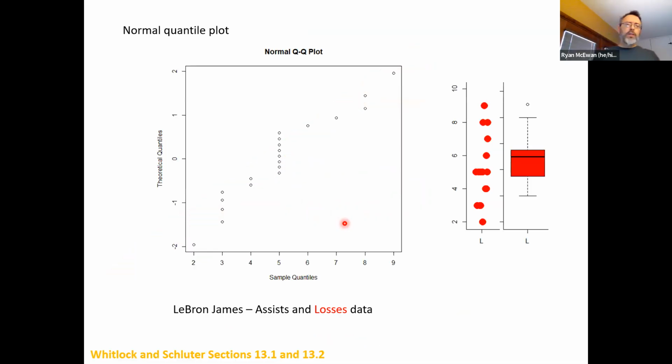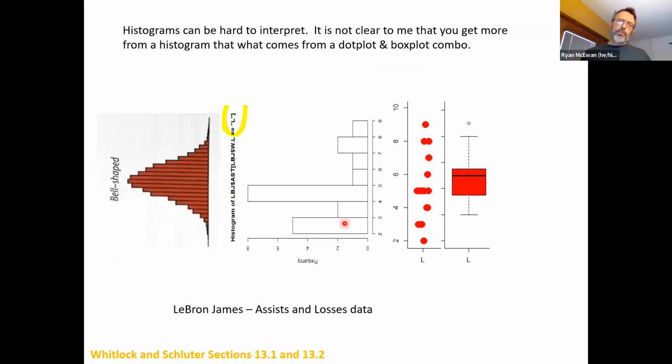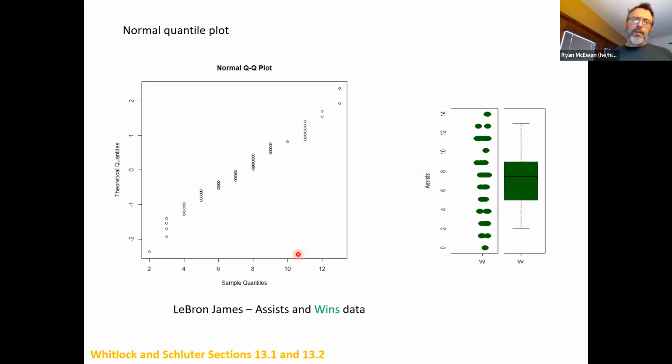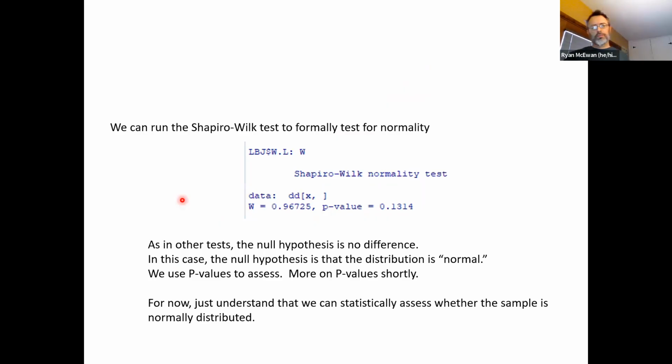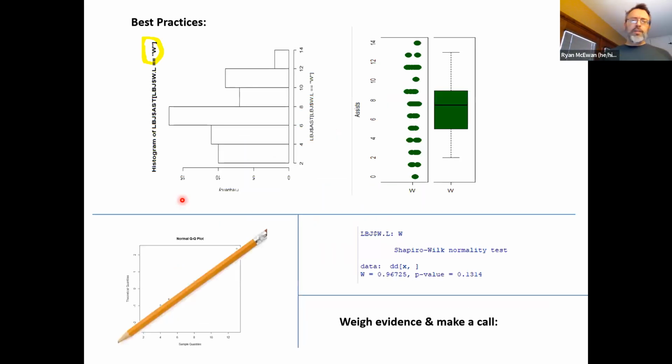Okay, we're going to create a frequency histogram and take a peek. We're going to do a normal QQ plot. This is very quick in R. And then we're going to run the Shapiro-Wilk test.